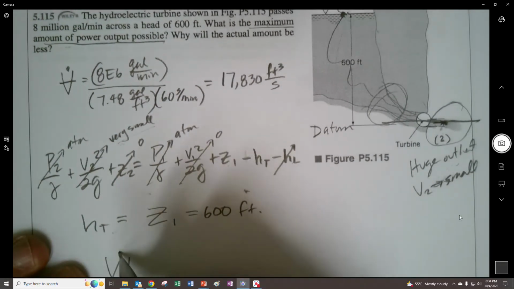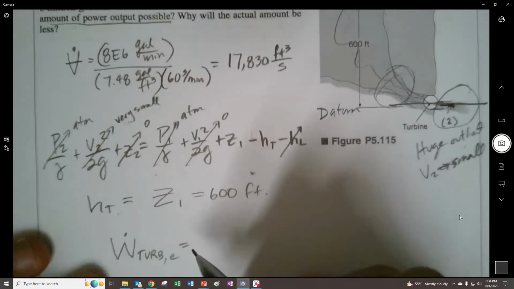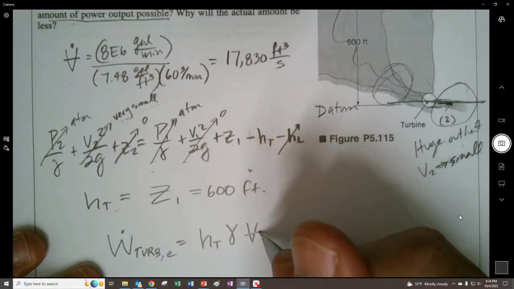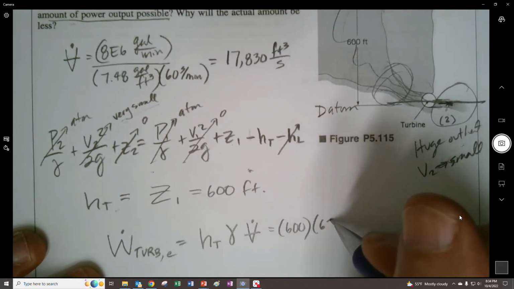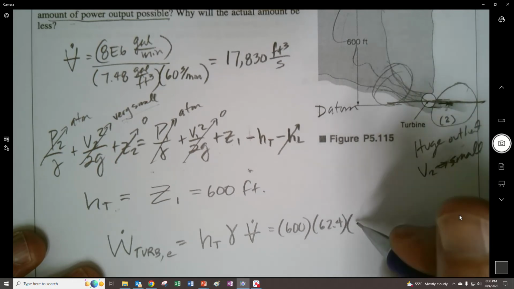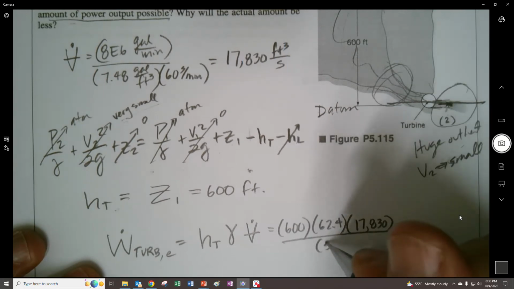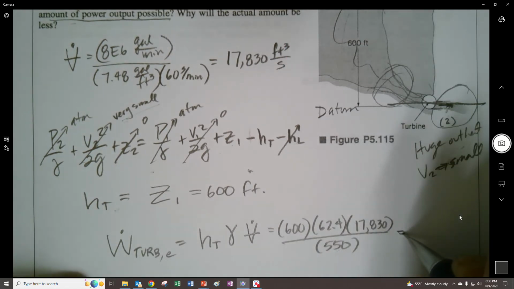And so the turbine extracted power, as you'll recall, is going to be HT times gamma times the volumetric flow rate, or 600 times 62.4 times the 17,830, and divide by 550, because this right here will turn into foot-pounds per second. This will convert it into horsepower, and so what we find is we have 1,210,000 horsepower.